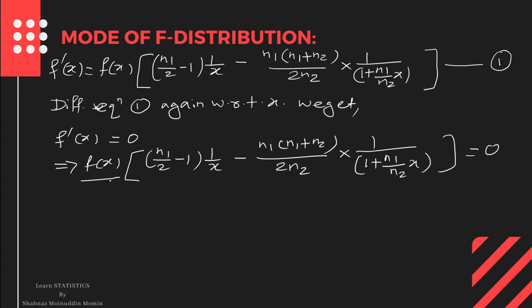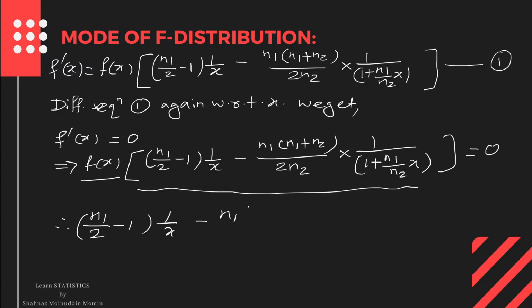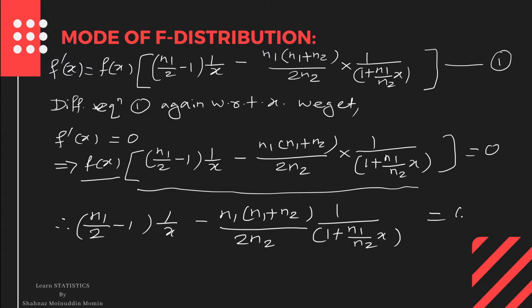Since f x is a PDF which cannot be 0, this bracket must be 0. Therefore (n1 by 2 minus 1) upon x minus (n1 plus n2) divided by 2n2 into 1 upon (1 plus n1 upon n2 x) is equal to 0.